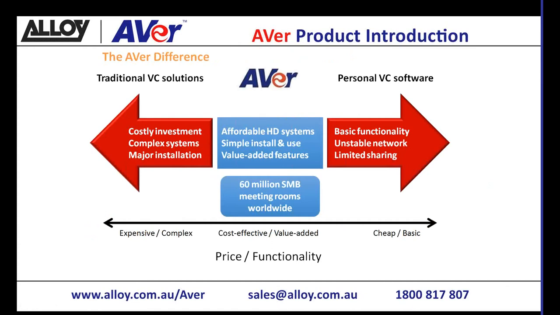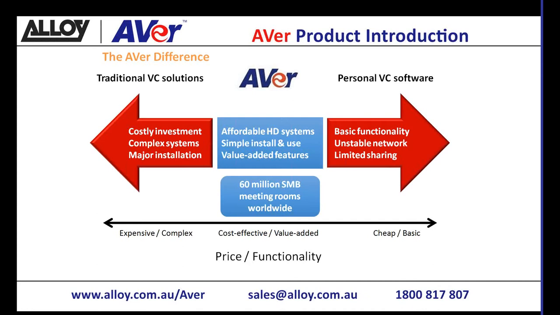Okay, so again we look at Ava, where Ava sits smack bang in the middle between your higher end and your consumer grade products. So cheap basic type products with basic functionality such as your Skype products, and then we move to the other end of the scale with expensive and complex systems that need rack-mounted servers to be able to run a video conference.